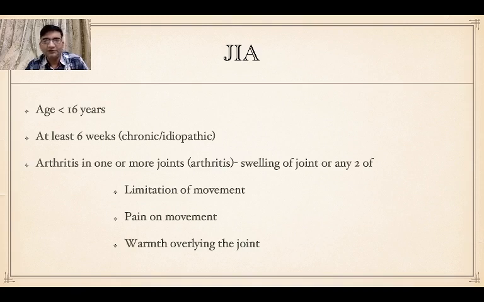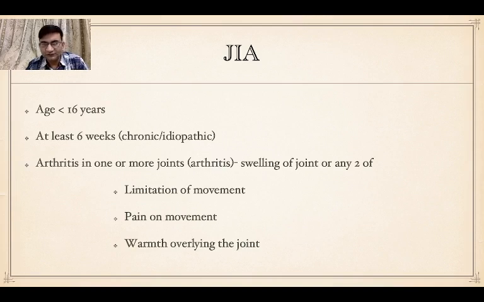So juvenile idiopathic arthritis. Arthritis for JIA classification means swelling of a joint. So any swelling of a joint which fulfills these criteria, age less than 16 years, at least 6 weeks, can be labeled as arthritis for this purpose, or any two of the following signs of inflammation.